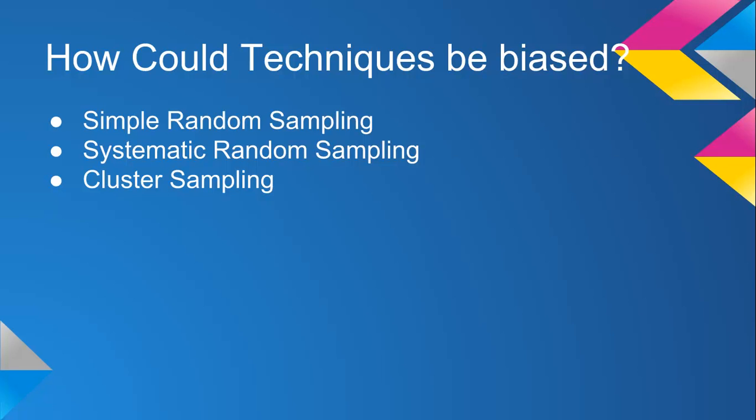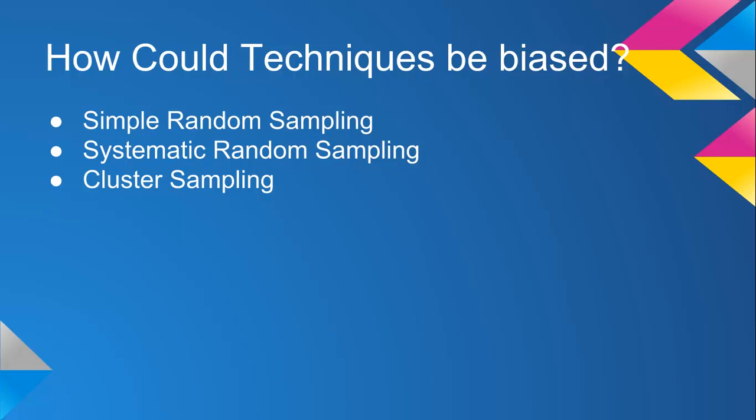Remember, that's when you have people in groups. Everybody is in some kind of group, and we randomly select some of the groups, and we hear from everybody in the group. So with classes in a school, we randomly select some classes and take the entire class. Again, it could be biased if the groups are too big and you're only taking one group.